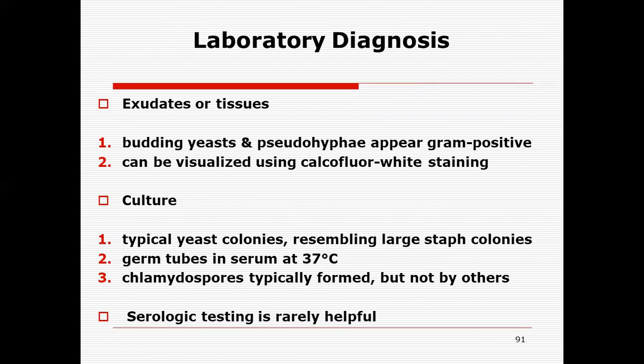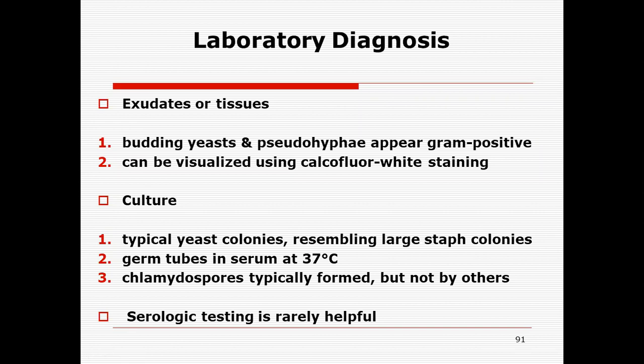The organism can be grown on culture, and we can see the typical yeast colonies because it's a dimorphic fungus. At room temperature, it appears as yeast. At body temperature, it appears as hyphae. So at room temperature where the media are placed, they're typical yeast colonies, and they resemble the large colonies of Staphylococcus aureus.